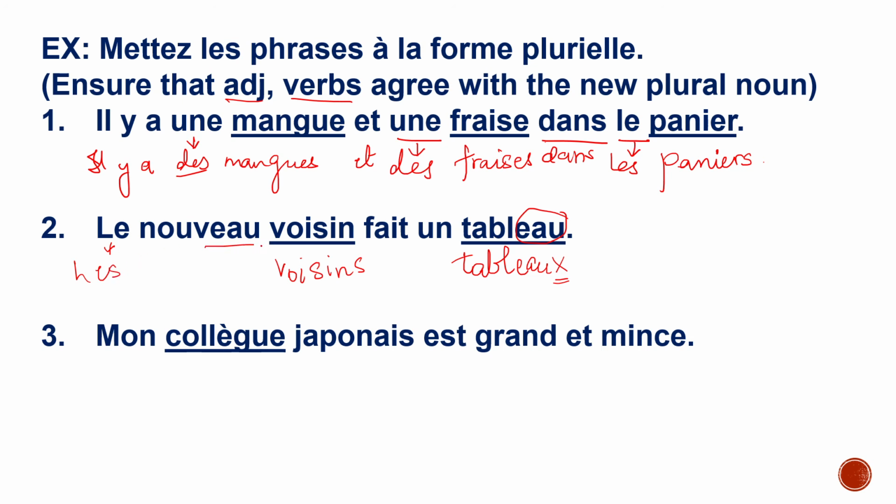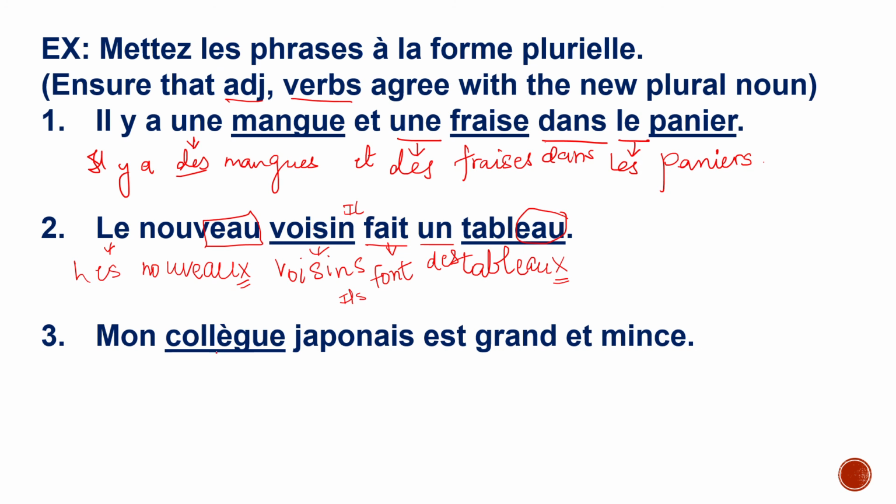Nouveau, EAU ending for the adjective, also becomes X. Now fait, this has gone from singular to plural, so the verb will also change. This is il fait, so with the plural it becomes ils font, and un has to become des. Can you see how the entire sentence has changed? Only 2 words have been underlined, but the entire sentence has changed. So: les nouveaux voisins font des tableaux.